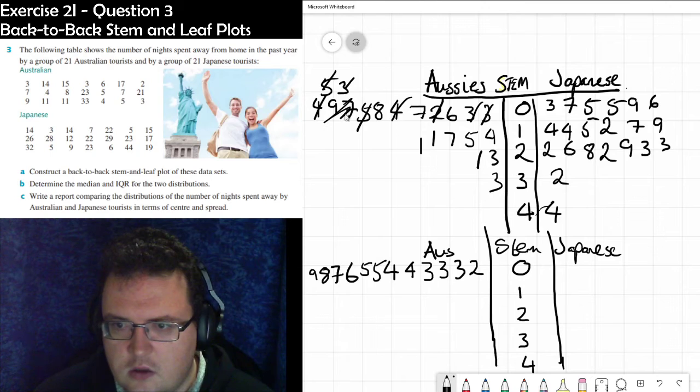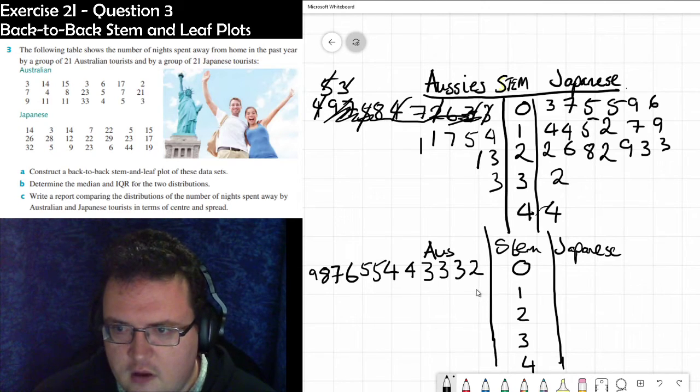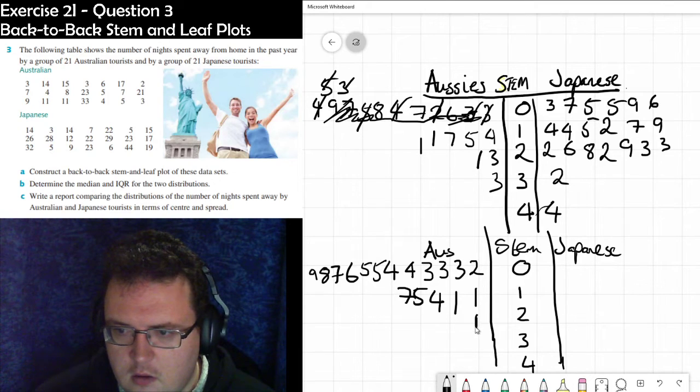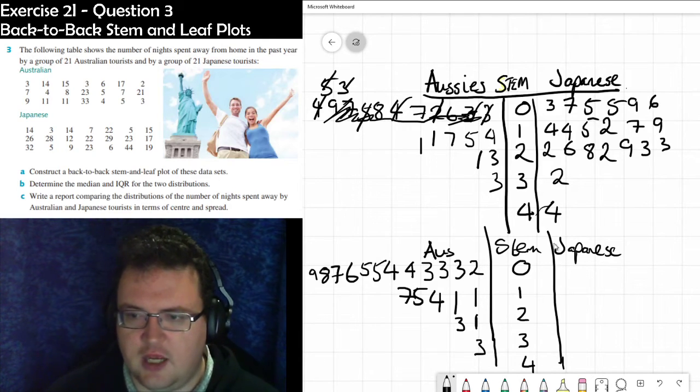Alright, so that's all those done. And then down here I have 11, 11, 4, 5, 7. Then I have 21 and 23. Then I have the 33, and then I have nothing in my last one here.